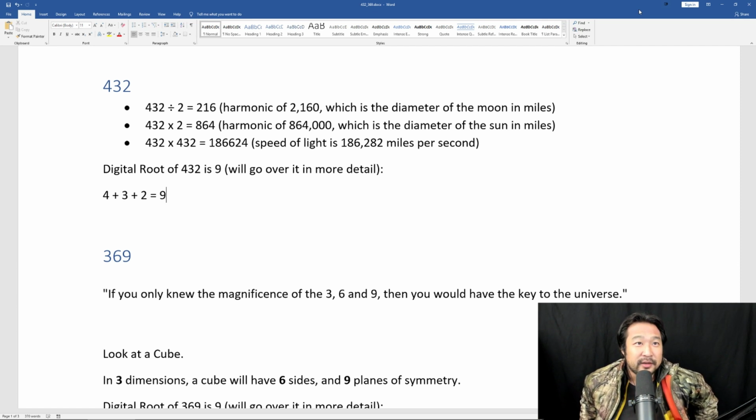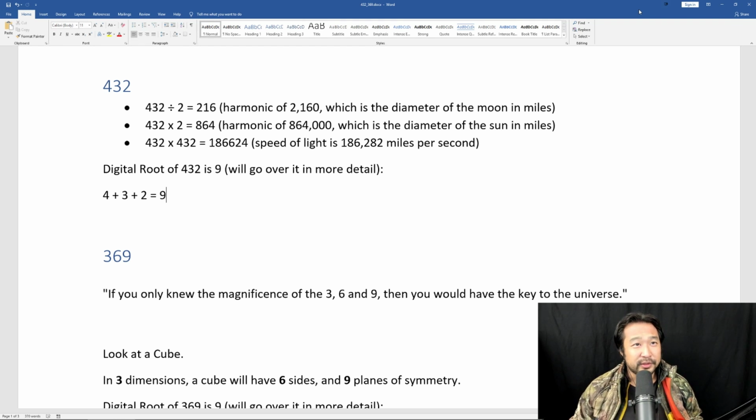So a harmonic of 216 could be 216,000. Another harmonic could be 0.00216. So if you get 432 divided by 2, you get 216, which is a harmonic of 2,160, the diameter of the moon in miles.